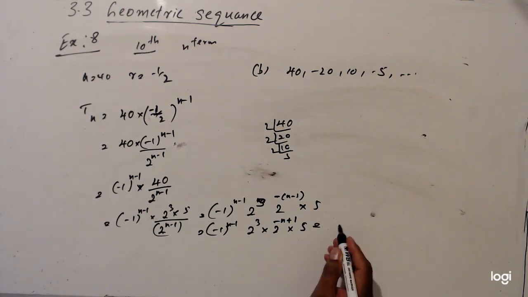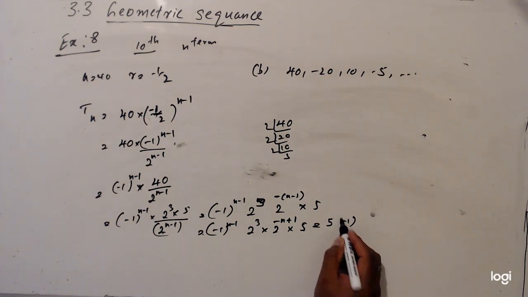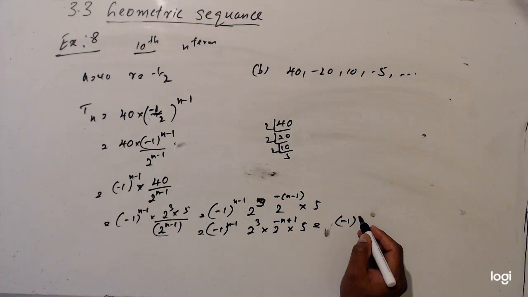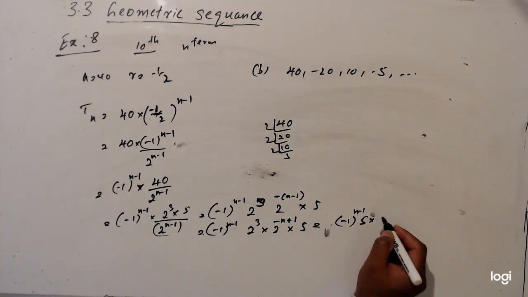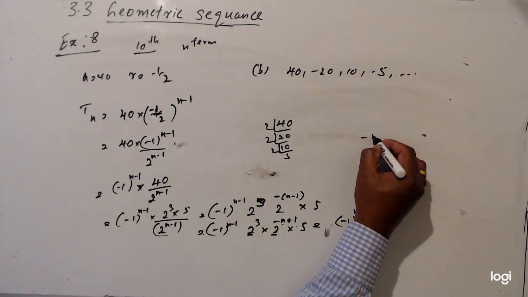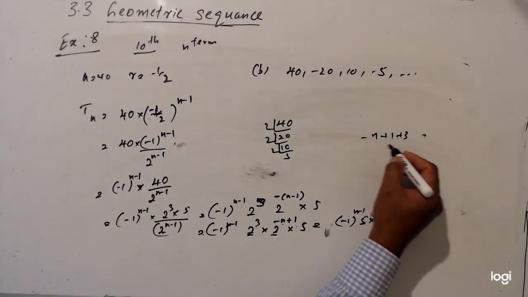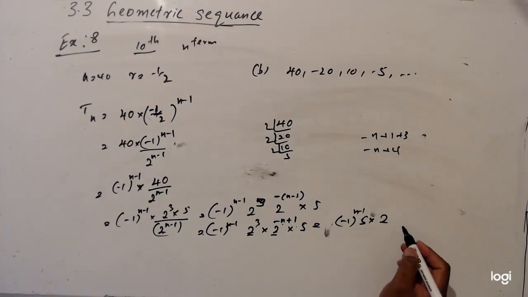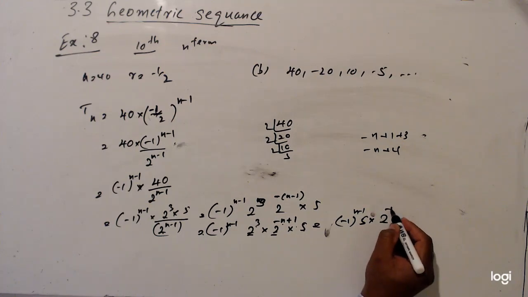I'll bring 5 to the front. So minus 1 to the power n minus 1, 5 times 2 to the power. We know that when the base is the same, the powers add: minus n plus 1 plus 3 gives minus n plus 4.